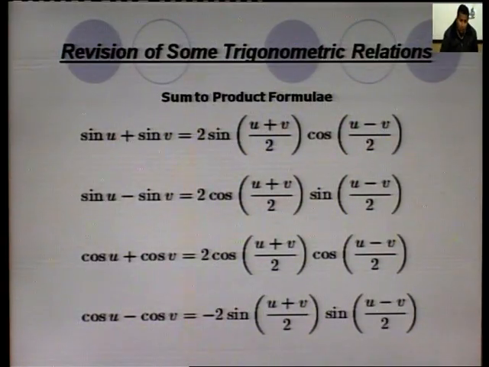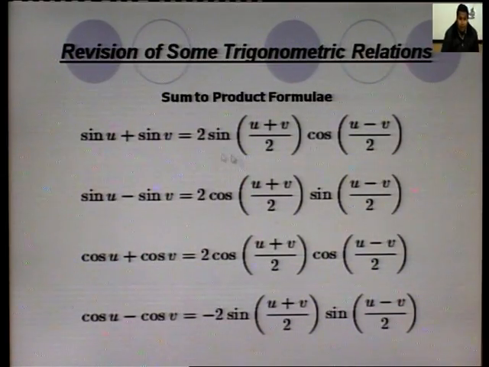Similarly, if there are two cos functions, cos u plus cos v, then the formula becomes 2 cos u plus v by 2 cos u minus v by 2. Then for the difference, cos u minus cos v is equal to minus, here comes the minus sign, minus 2 sine u plus v by 2 into sine u minus v by 2.